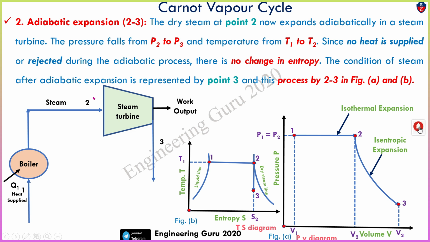In the schematic diagram, we can observe point 2 and point 3. So this is the reversible adiabatic expansion of steam in the turbine, where the dry steam at point 2 expands adiabatically in the steam turbine and the turbine develops the work WT. So we can say this is the work output.